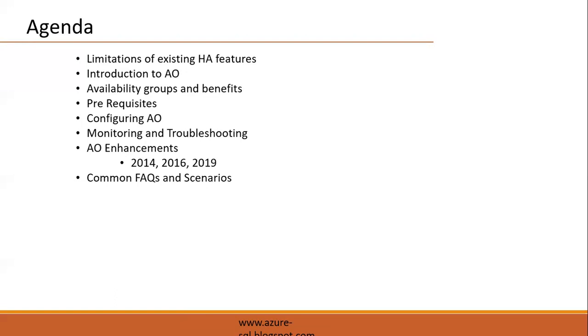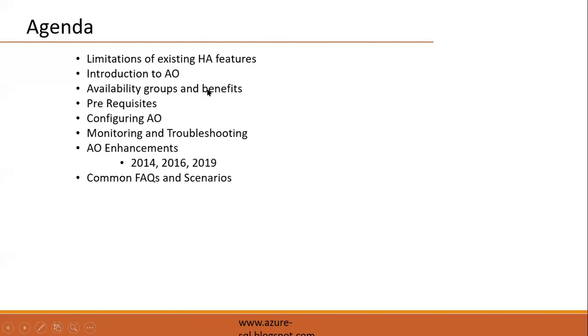Mirroring also has its own limitations: only one-to-one, and other limitations we have seen in the last class. Let's go with Always On. Here we'll see the existing high availability features' limitations, then we'll start with the introduction to Always On.